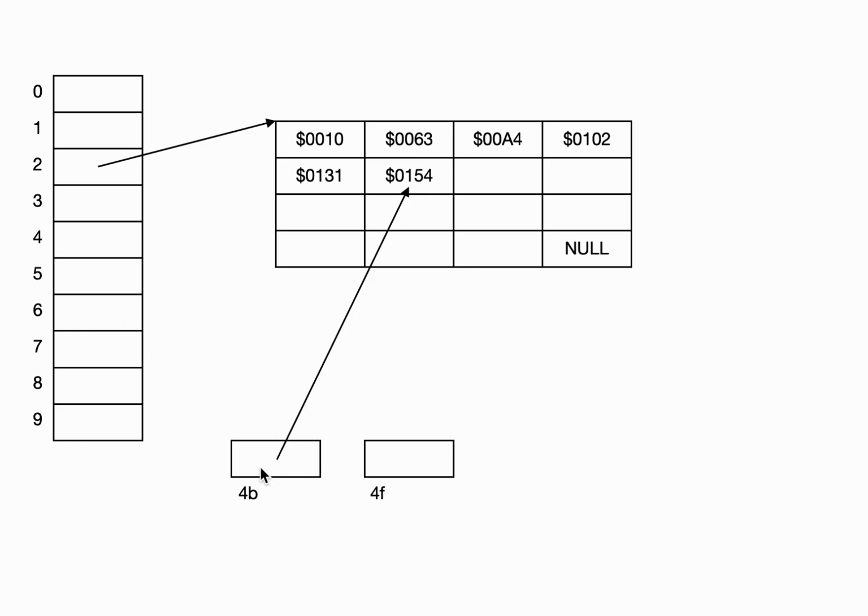These pointers are actually the address of the block plus an offset into the block. So although I've shown this as a pointer to here and this as a pointer to here, in reality this will not be a 2-byte pointer, it will be a 3-byte data value, 2 bytes being the pointer to this block and 1 byte being the offset into the block.